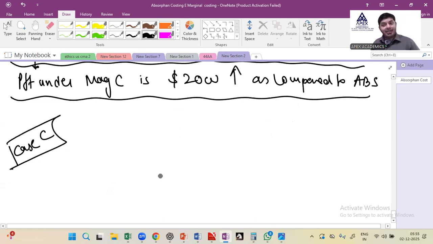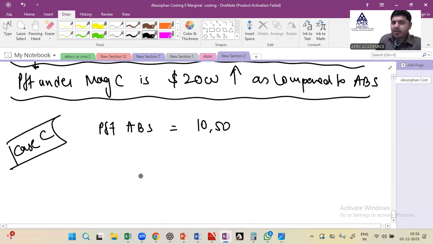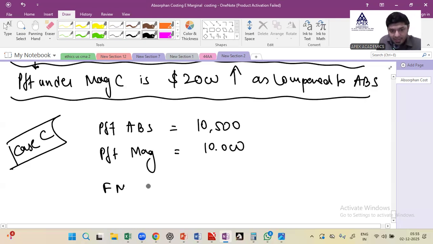Please try to understand the following statement. I am saying that the profit under absorption costing is 10,500, and the profit under direct, that is marginal costing, is 10,000. And I am saying that my fixed manufacturing overheads are $1 per unit.